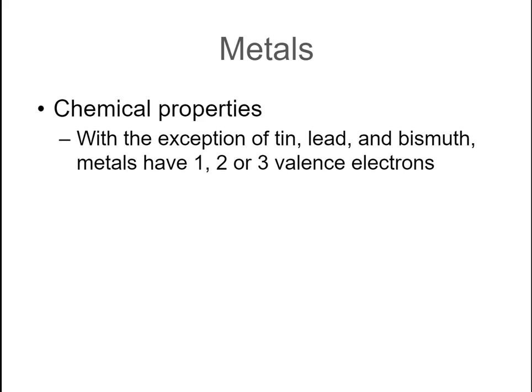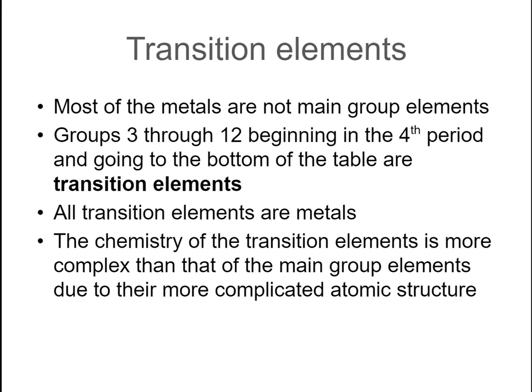Now into chemical properties. With the exception of tin, lead, and bismuth, metals have 1, 2, or 3 valence electrons. Remember, those are the electrons around the outer shell. Most of the metals are not main group metals. Groups 3 through 12 in period 4, and going to the bottom of the periodic table, are the transition metals.